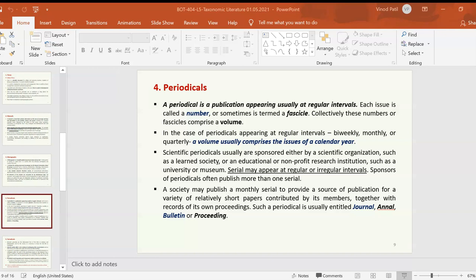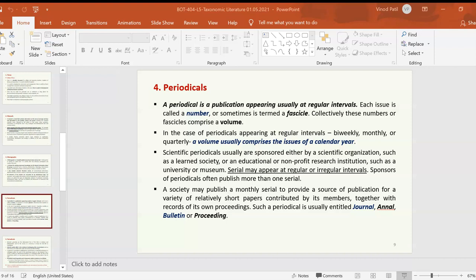Fascicle means here a bundle. Instead of using the word bundle, it is sometimes called a fascicle. And collectively, these numbers or fascicles comprise a volume. If in a year from January to December there are 12 periodicals, one per month, then all 12 numbers from 1 to 12 contribute to a volume.